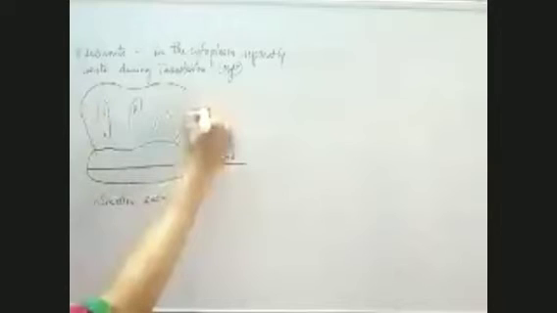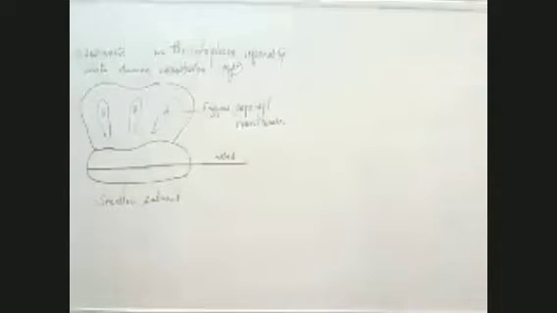AUG codes for the amino acid methionine. So this amino acid methionine will be brought by a transfer RNA, and this transfer RNA with methionine will come to P. So the transfer RNA for AUG is accepted at P.